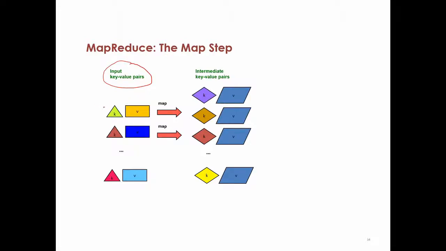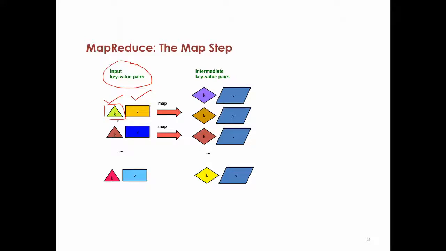Every record has a key and a value. As we shall see, the key is not always important in a MapReduce job, but it may sometimes be important when you are chaining a MapReduce job.